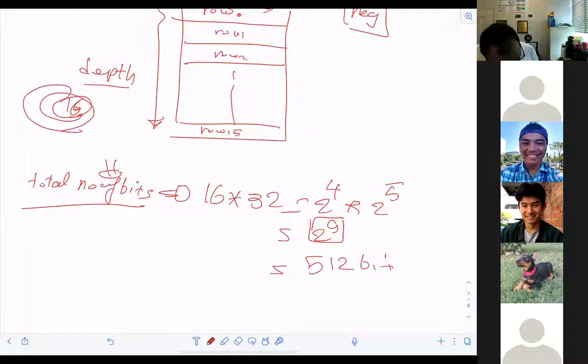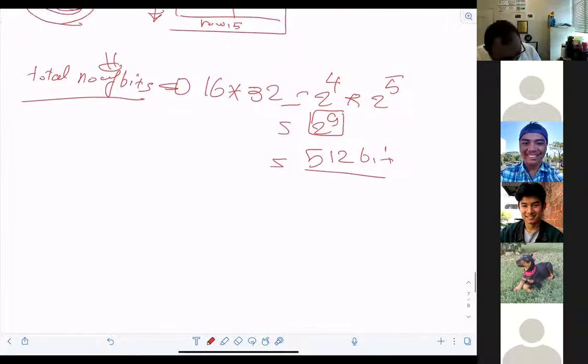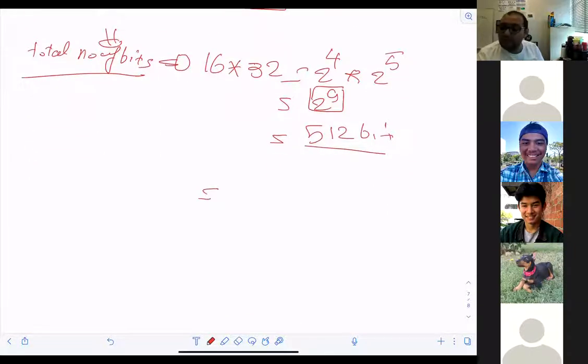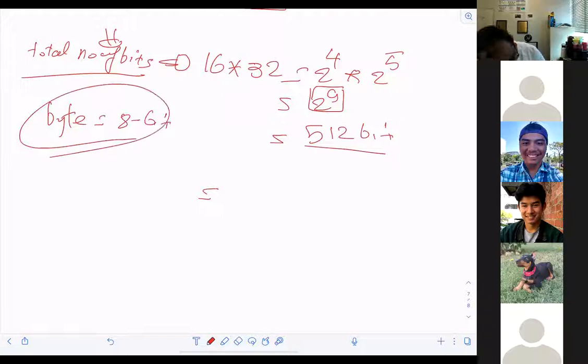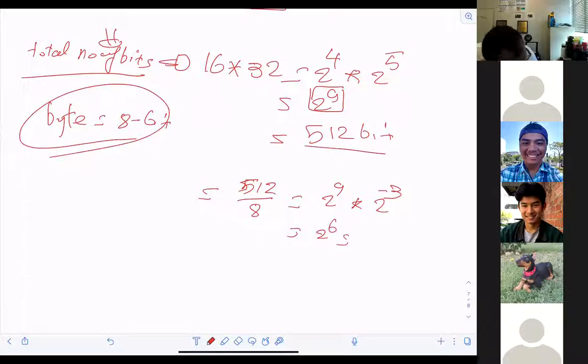So this memory is 512 bits. Do you want it in bytes? What are you going to do? You divide by 8, because a byte is 8 bits. So 512 divided by 8 means 2 power 9 times 2 power minus 3. So you're talking about 2 power 6, which is basically 64 bytes.